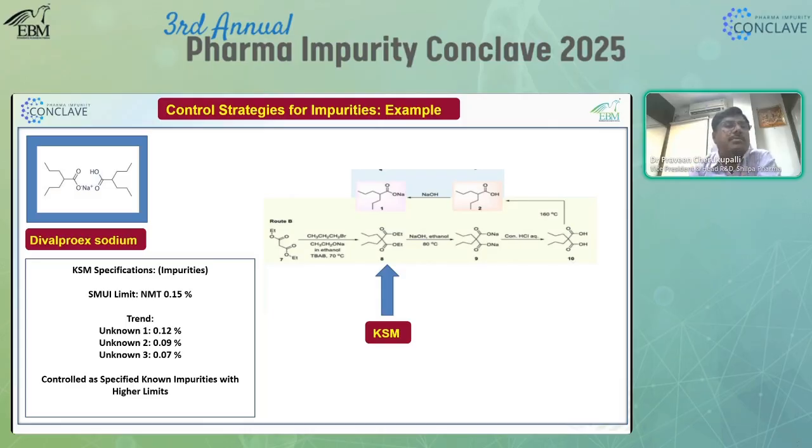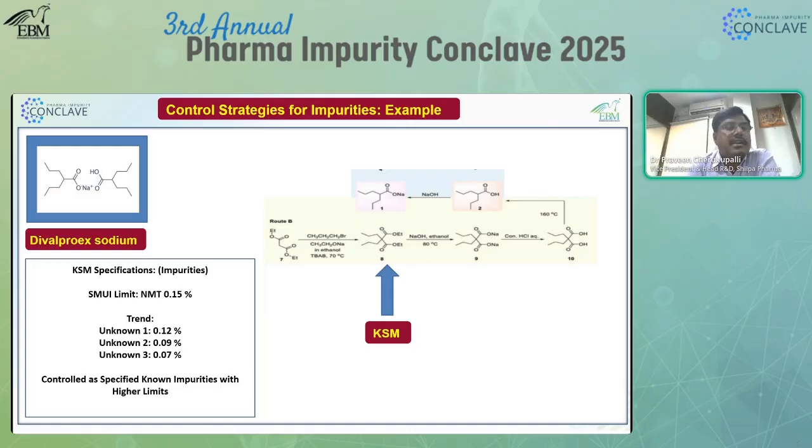I will give an example of the control strategies in one of the products where we have filed for the US agency. Say diethyl dipropyl malonate is a KSM for divalproex sodium.